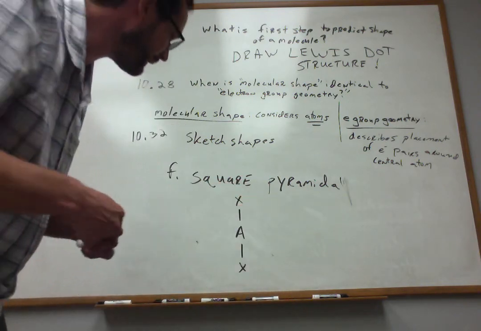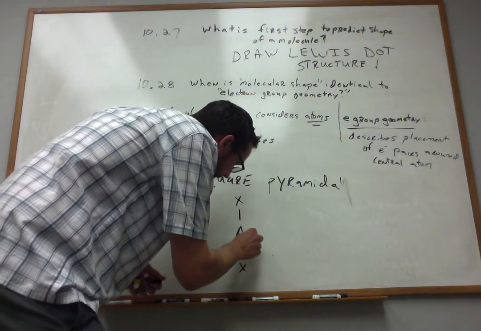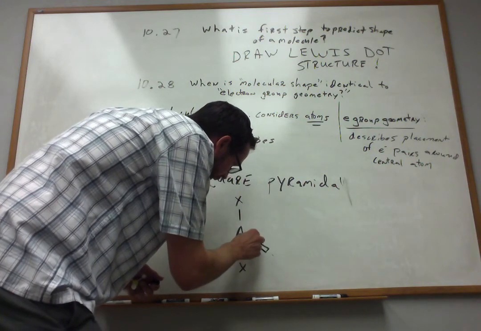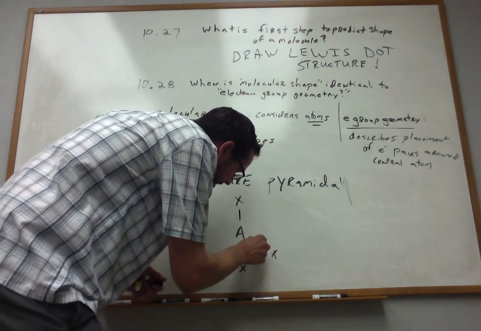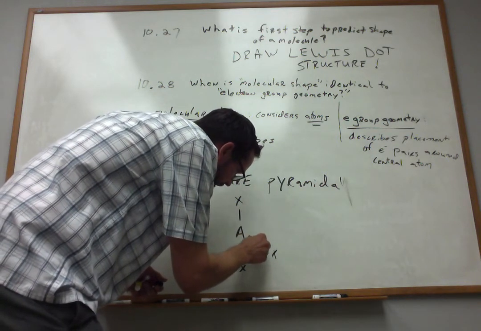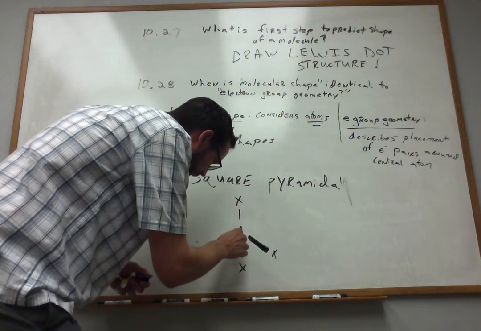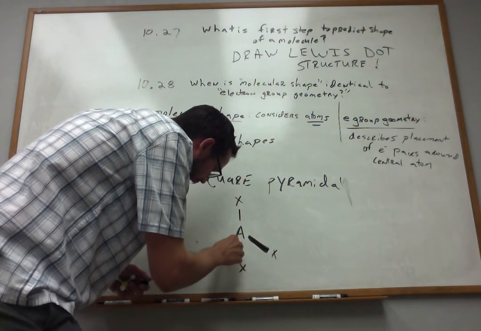So I could draw something then like a solid triangle here, 2x. A solid triangle here, 2x.